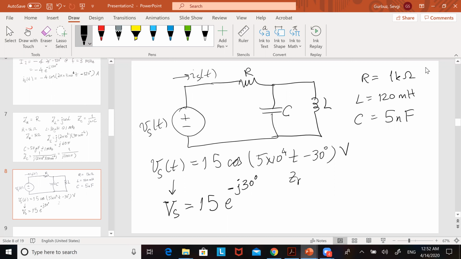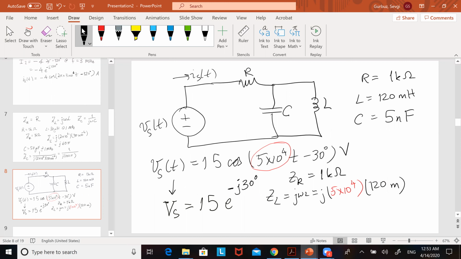Well, the impedance of the resistance is still just 1 k ohm. The impedance of the inductor is going to be j times omega times L. The frequency we have to glean from the way we're driving it. In this case, we're driving it with a frequency of 5 times 10 to the 4. So we should substitute over here 5 times 10 to the 4. And then we multiply by the value of the inductance, which is 120 millihenries.